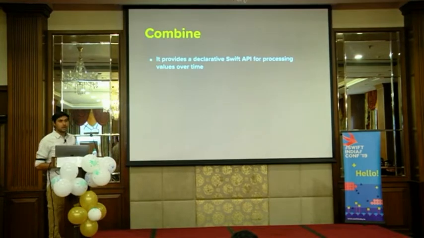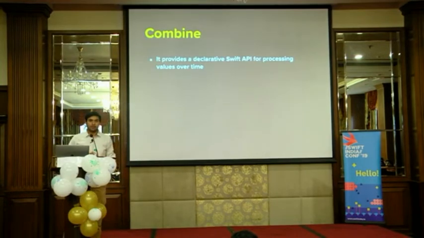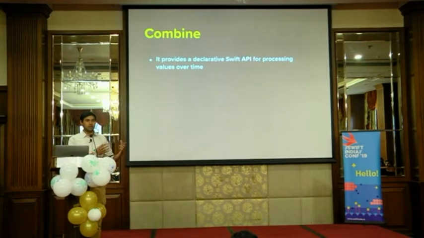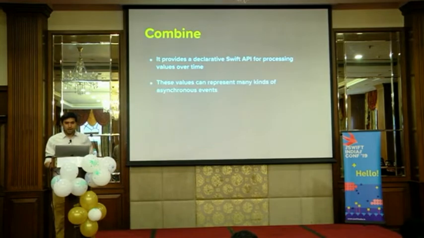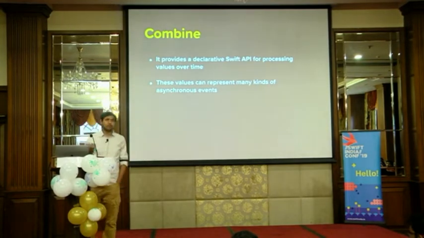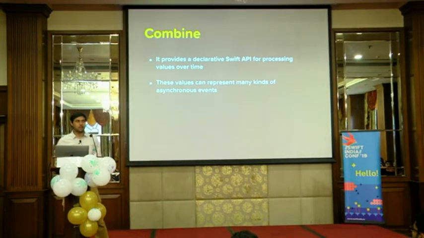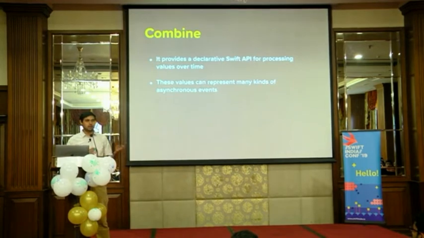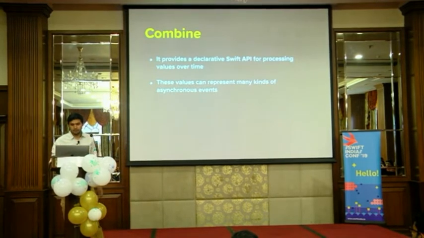Processing values over time means you have a source that emits values over time, and you can listen to it. These values represent many kinds of asynchronous events. They need not be basic types like strings or integers; they could be complex objects, users, a login, anything.